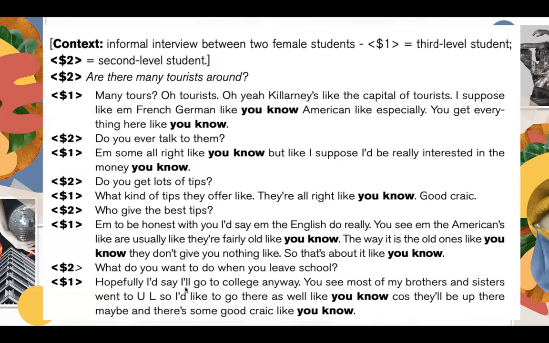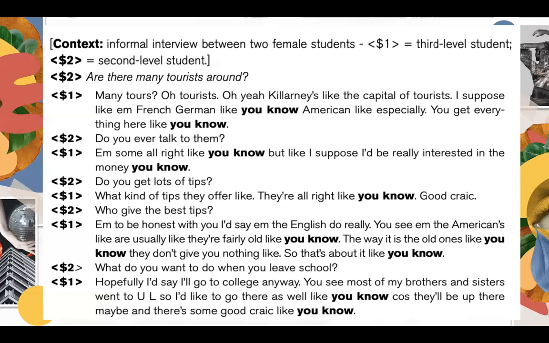What do you want to do when you leave school? Hopefully, I'll say I'll go to the college anyway. You see, most of my brothers and sisters went to UL, so I would like to go there as well. Cause they'll be up there maybe, and there are some good crack.